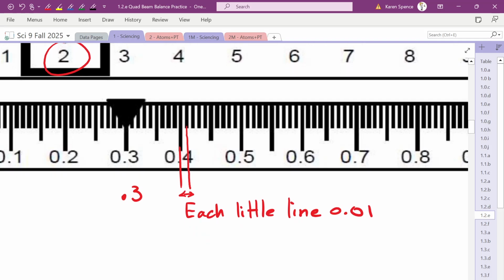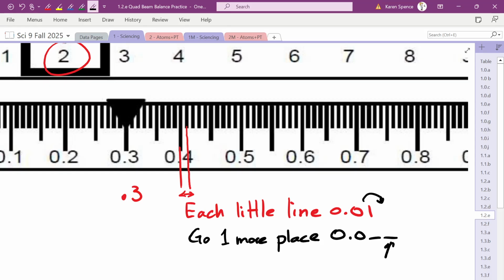So you need to go one more place. So that's going to be the 0.0, and then you'll have it there. So you need to now have 3 decimal places, not just 2 decimal places.